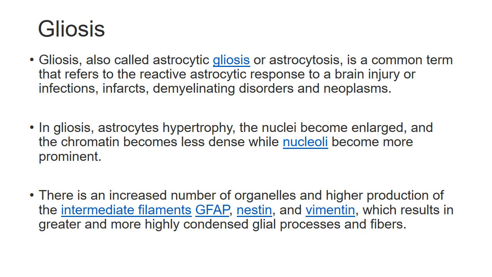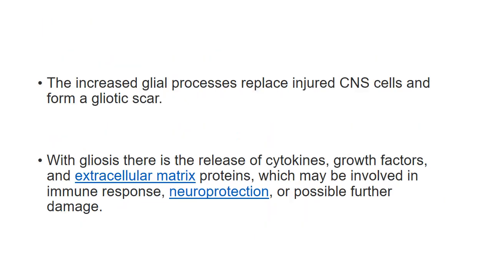There is an increase in the number of organelles and a higher production of the intermediate filaments, typically GFAP, nestin, and vimentin. And this results in greater and highly condensed glial processes and fibers. The increased glial processes often replace the injured CNS cells and form a characteristic gliotic scar.